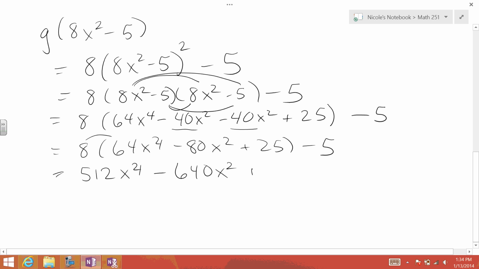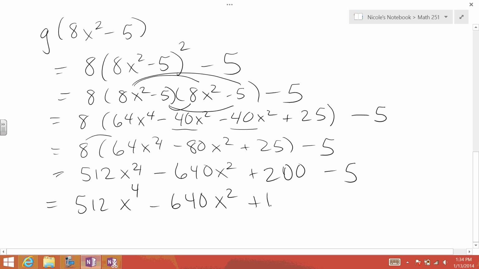Minus 640x squared plus 8 times 25, 200, minus 5, and that gives me a final answer of 512x to the 4th minus 640x squared plus 195 as my final function for g of x.